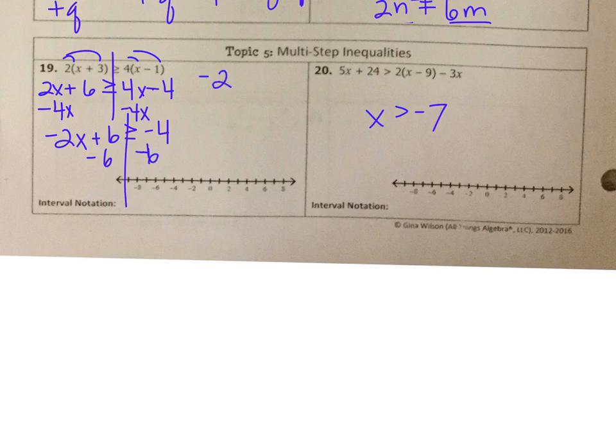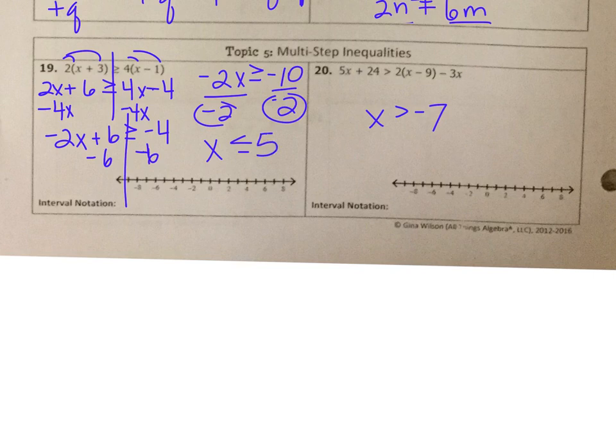So I get negative 2x greater than or equal to negative 10. Okay, I just divided by a negative. When I divide by a negative, I have to flip my sign. x is less than or equal to 5.